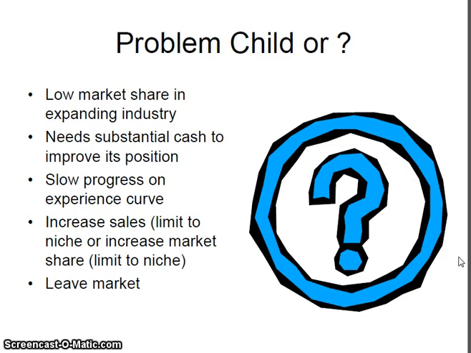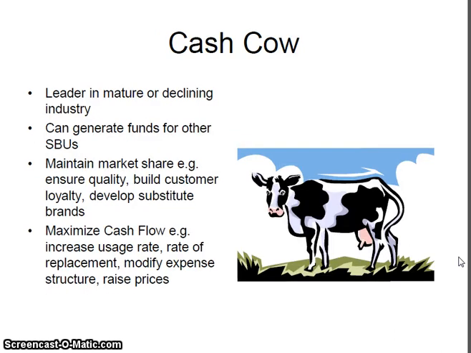Stars I explained to you. Problem child: very low market share, slow progress. Dog or problem child is called this. It's better to leave the market. Cash cow: leader in a mature or declining industry. Almost saturated business, no further growth, but you have a huge market share and are earning better profit, maintaining market share.